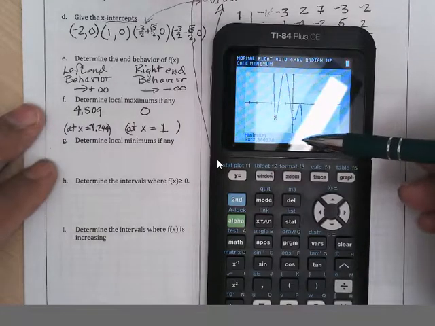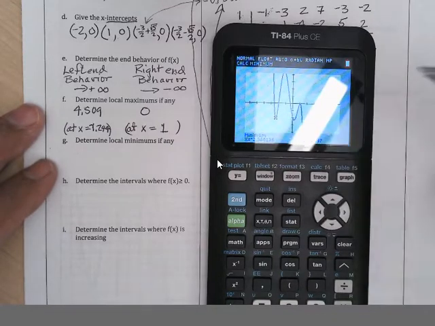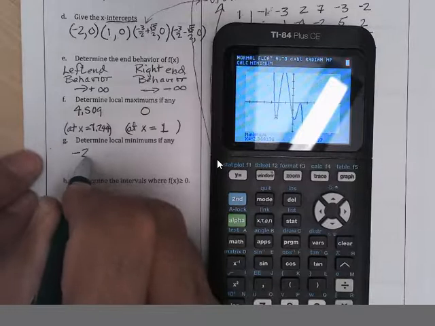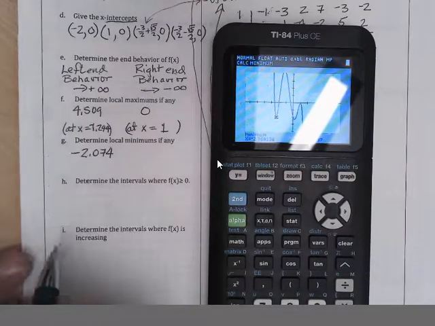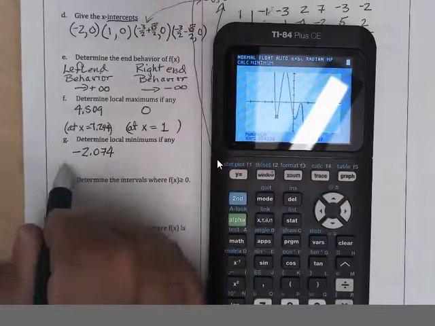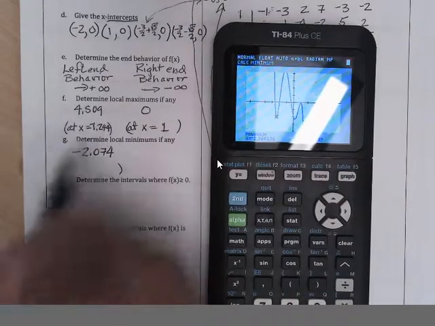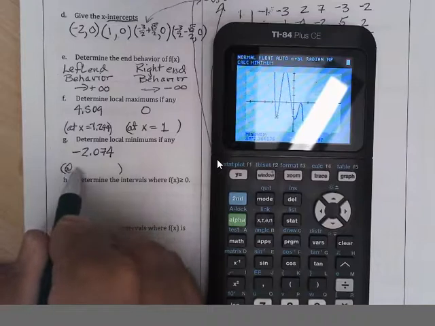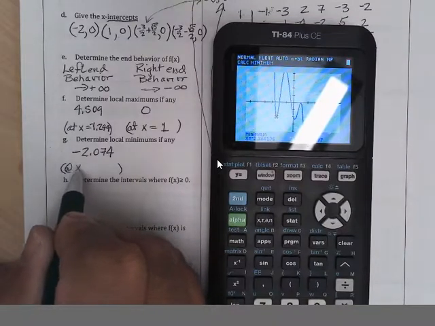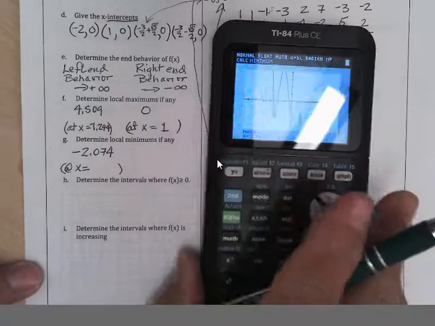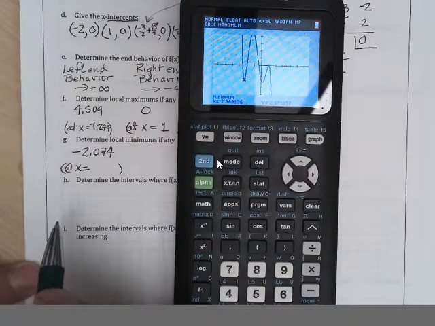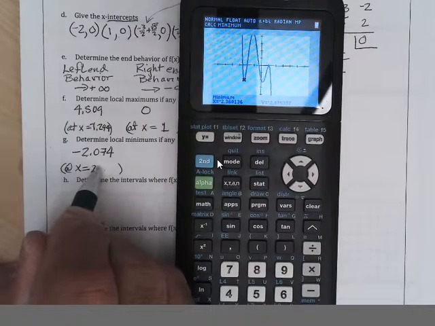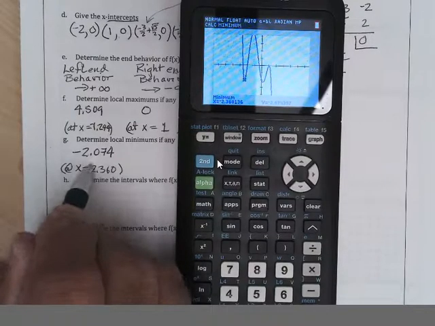But what we want is the minimum. How low did it get? And it got down to negative 2.074. But for purposes down here, I'm going to keep track of where it's at. Not necessary for this answer. And this is at x equal negative 2.360.